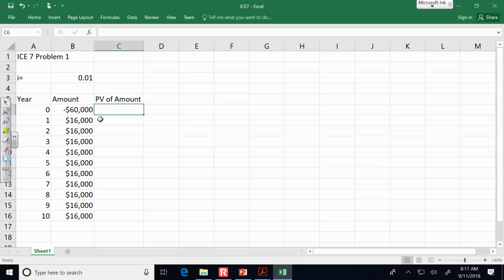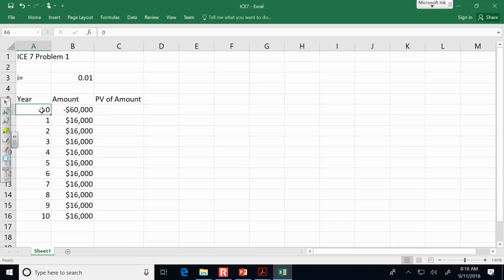Okay, so now for PV of amount, we're going to use this formula, P equals F times (1 plus i) to the negative n power. So the amount that we're trying to move from the future to year 0 is whatever amount is in a given row. So we're individually discounting each of these amounts, however many years is in the row.